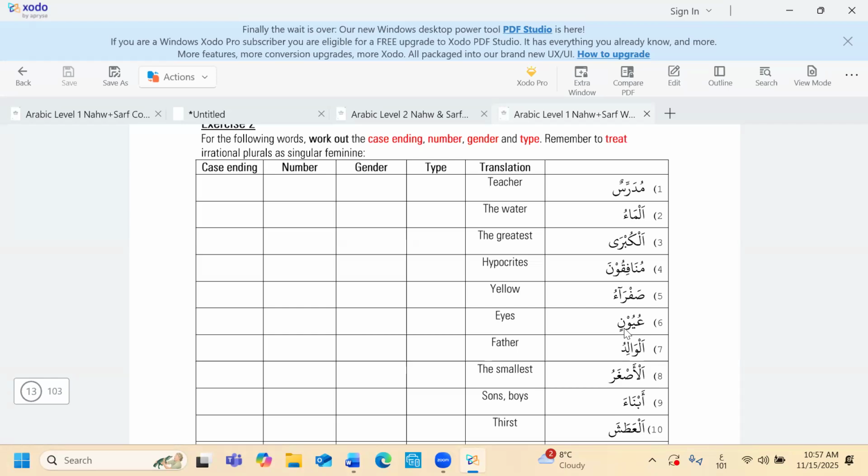But I want you to put somewhere, or at least have it in your mind, that it is singular but actually plural in meaning, but it's treated as singular. So the answer is singular feminine, but you still translate it as plural. Just because you're treating it as singular feminine doesn't mean it becomes singular. Okay.